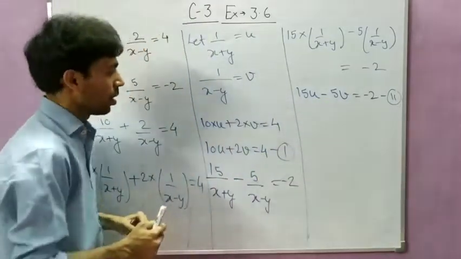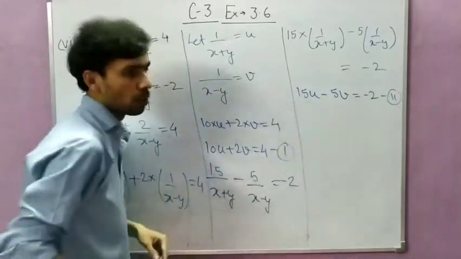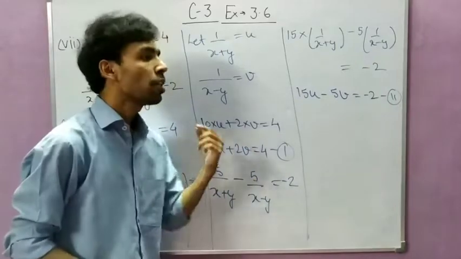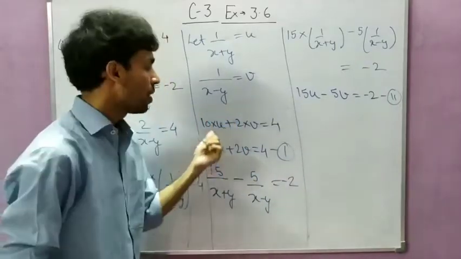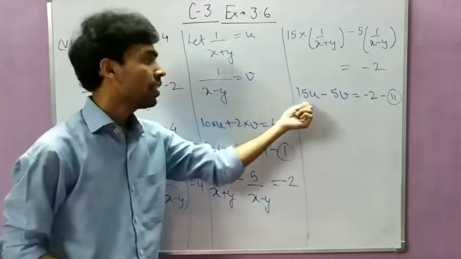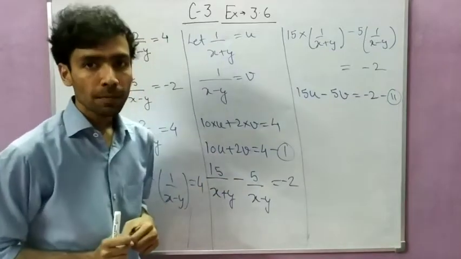So the multiples of 10 are 10, 20, 30 and the multiples of 15 are 15, 30. So in both, 30 is common.